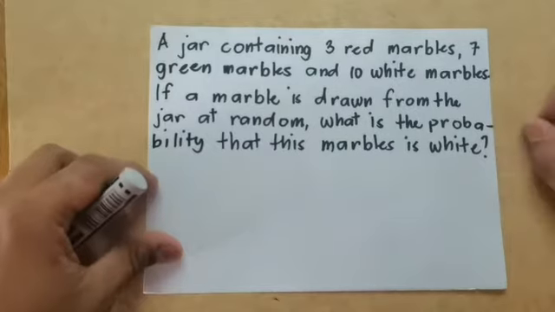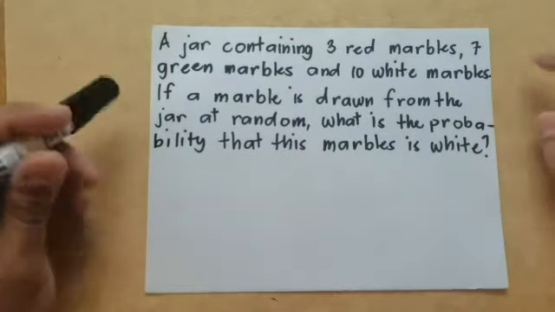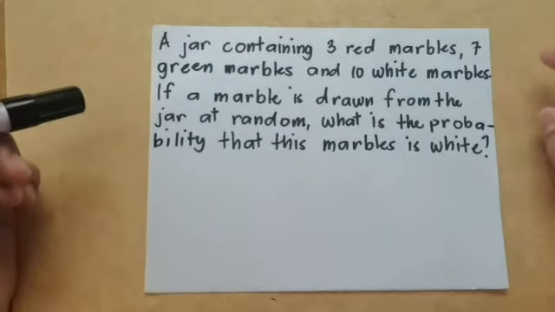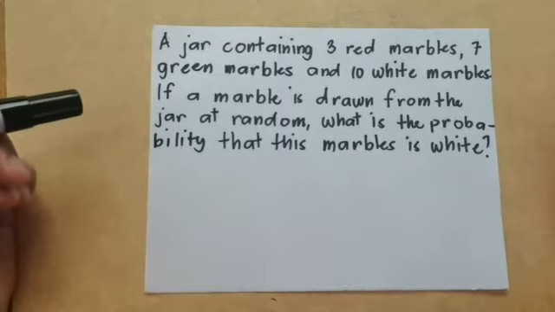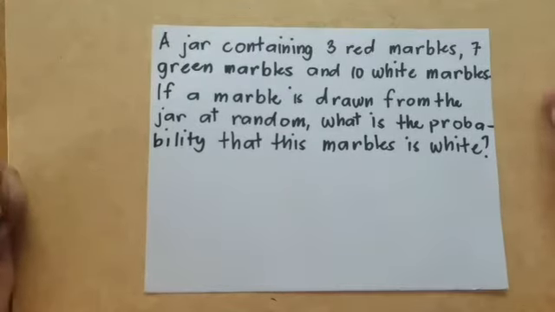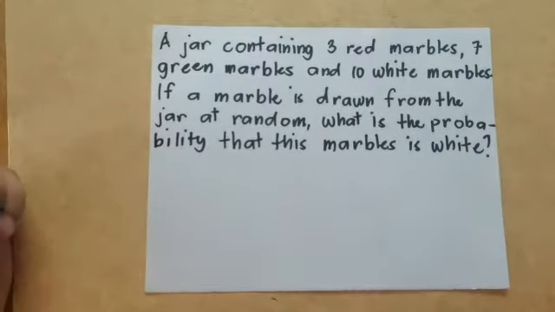A jar contains 3 red marbles, 7 green marbles, and 10 white marbles. If a marble is drawn from the jar at random, what is the probability that this marble is white? So this is a probability problem.